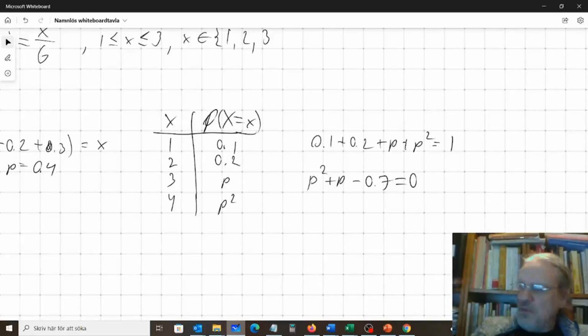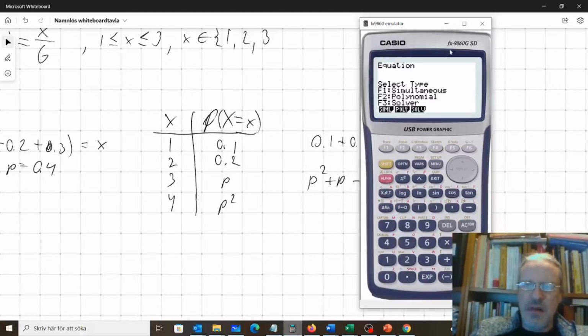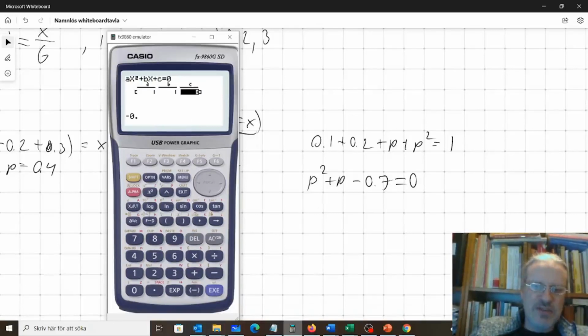And suppose we have access to a calculator, so then we go into the calculator. We can go into the equation solver here, and we go to polynomial, degree 2, and the coefficient in front of p squared is 1, in front of p is also 1, and then minus 0.7.